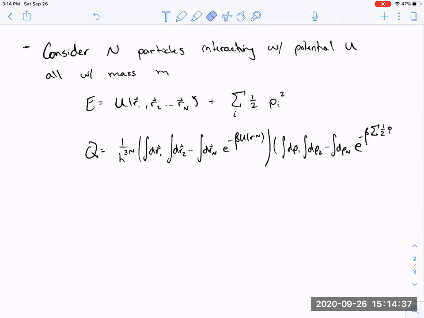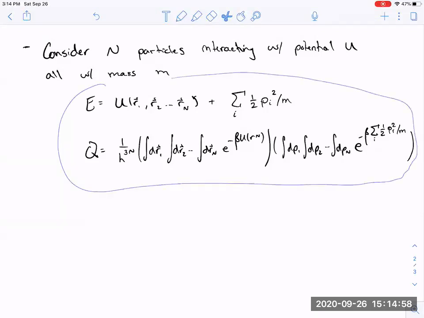So if that's momentum, that m goes downstairs. This is just a slightly different representation of what we've seen before when we wrote things down in terms of the velocities.